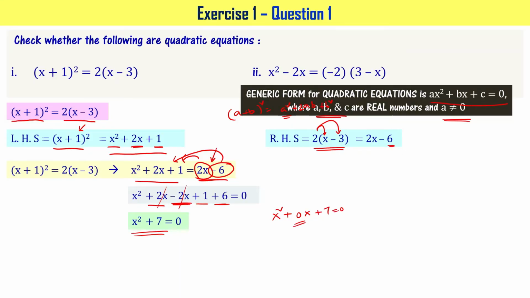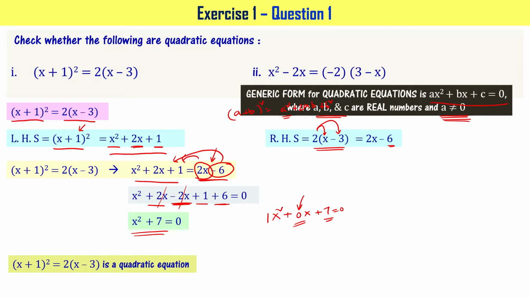It means the coefficient of x, that is b, is 0, and the coefficient of x² is 1 and constant is 7. These are real numbers. For that reason, we say that it is in the form of ax² + bx + c = 0, and the coefficients a, b, c are real numbers and a is not equal to 0. For that reason, we can say that the given equation is a quadratic equation.